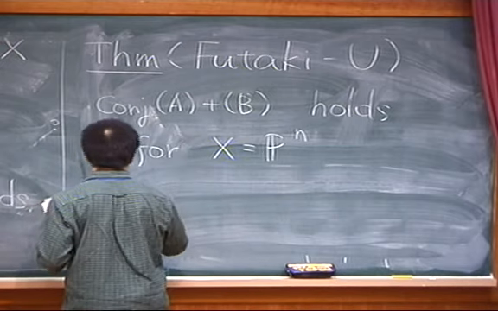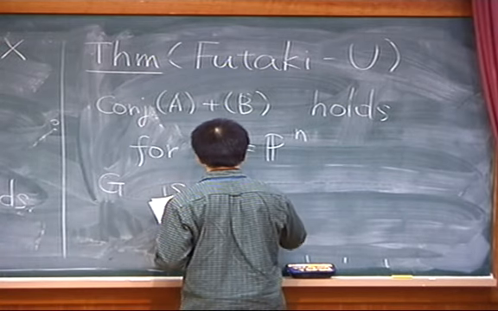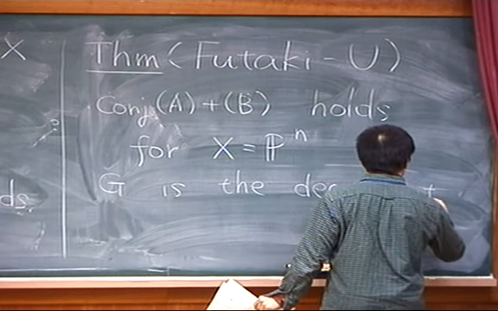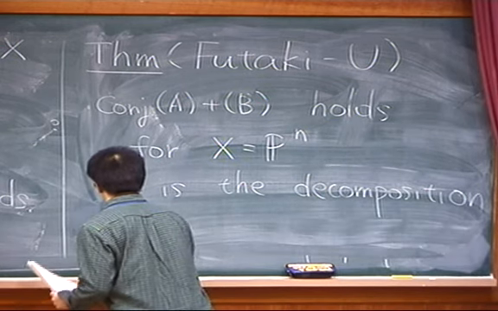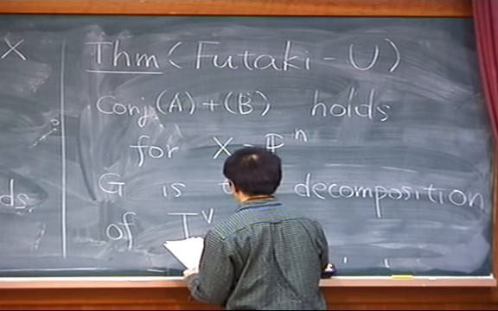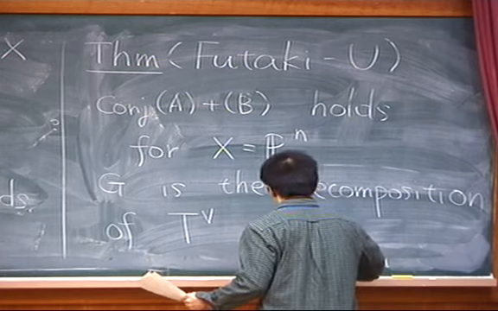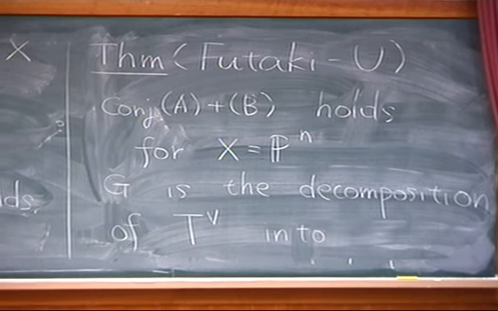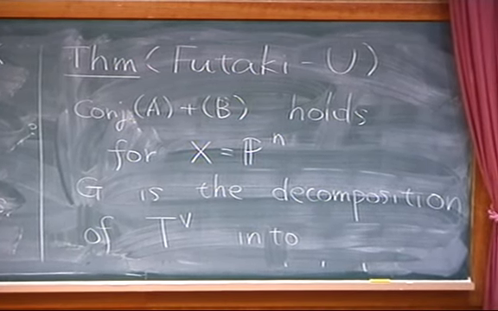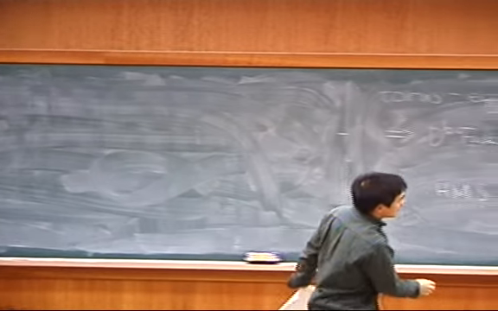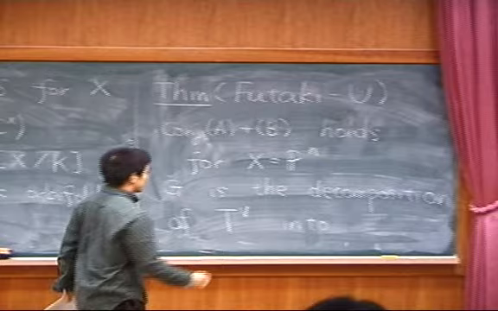And in this case, G is the decomposition of the real torus into n plus 1 permutohedra of order n plus 1.